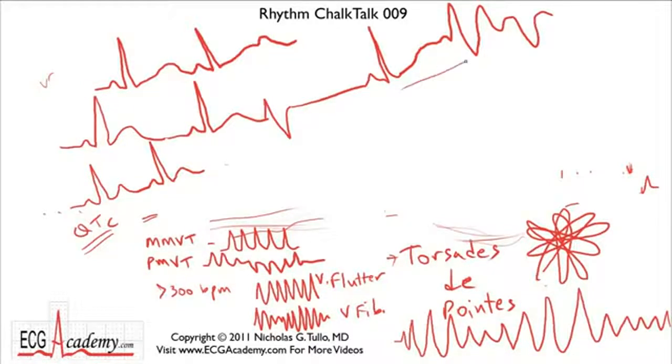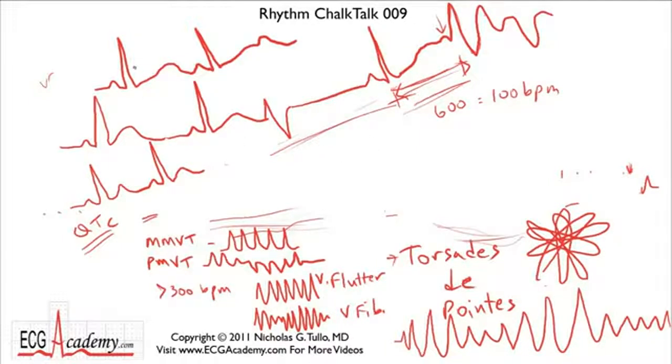Because the QT is long, the first beat of the tachycardia is widely coupled, sometimes 600 milliseconds, which is equal to 100 beats per minute. That's common. So you see this widely coupled beat. That's the first beat of the tachycardia because it's arising from this QT complex, which is very long because it's following this pause.